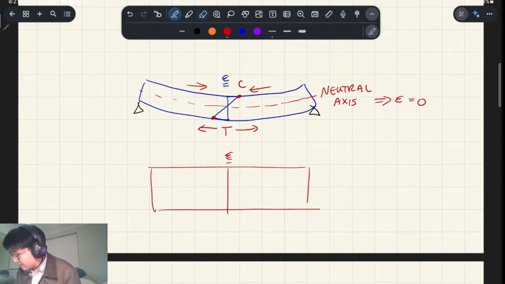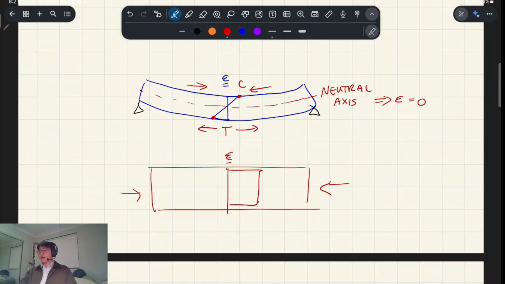If it was in compression like this, it would be in full compression along its whole member. But for bending, we have different actions being applied to it at the same time, depending on where along the section you're thinking about, right?